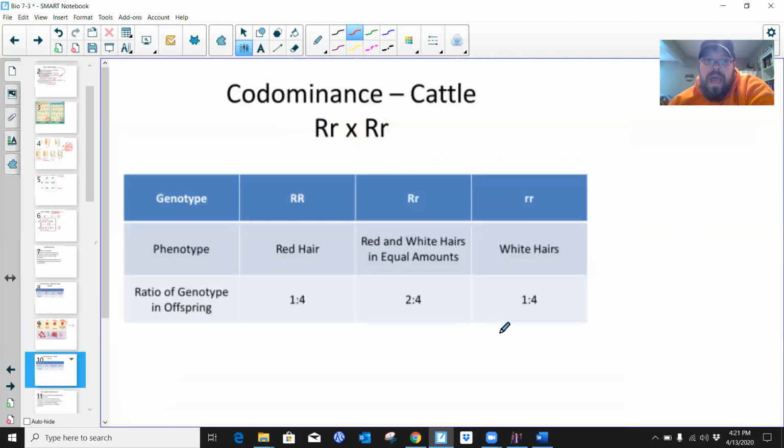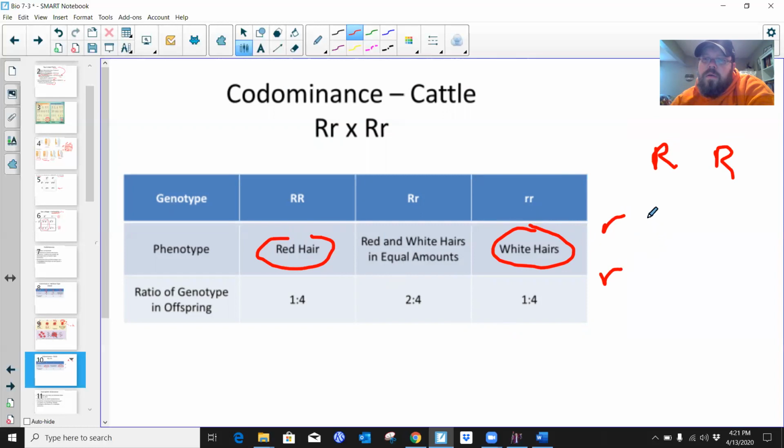Another example of codominance to help you understand is cattle. Cattle will sometimes express red hair color versus white hair color. If you take a red-haired cattle, so RR, and cross that with a white-haired one, what you would end up with is a bunch of heterozygote individuals.